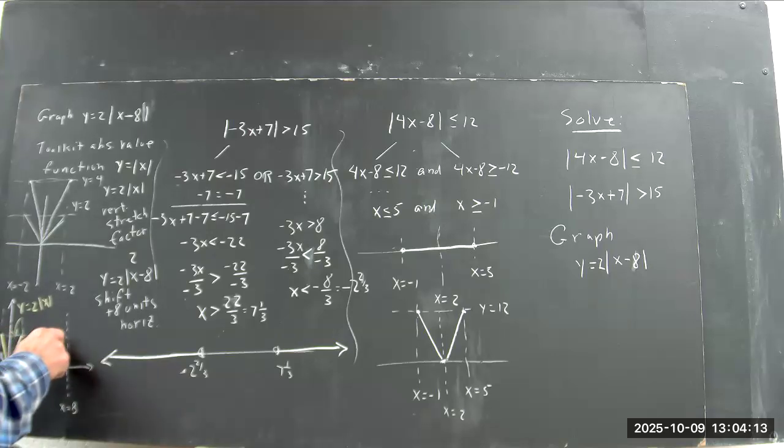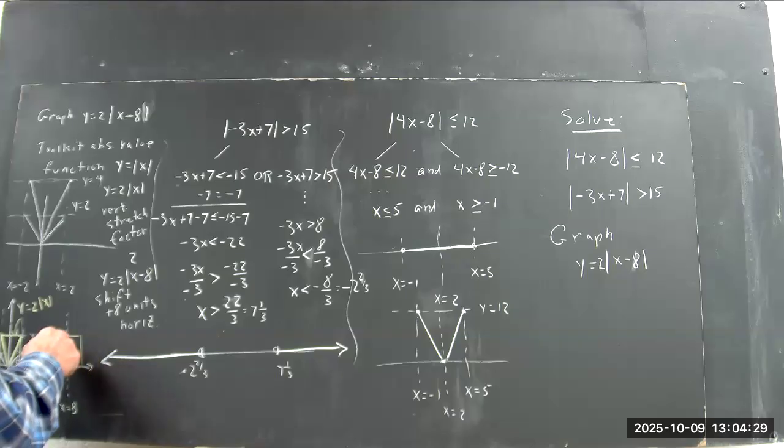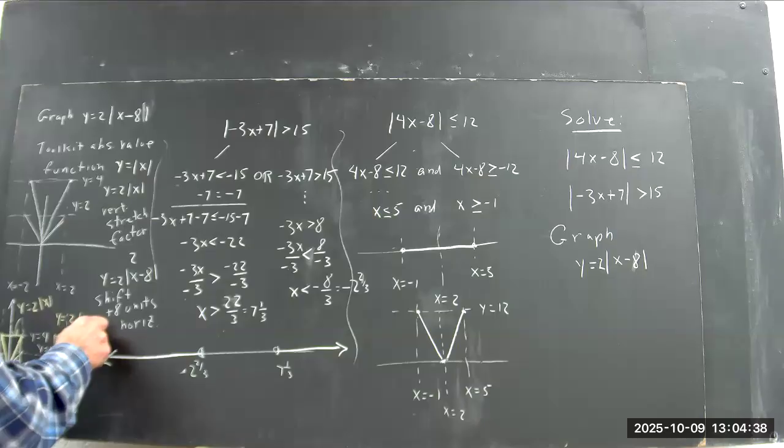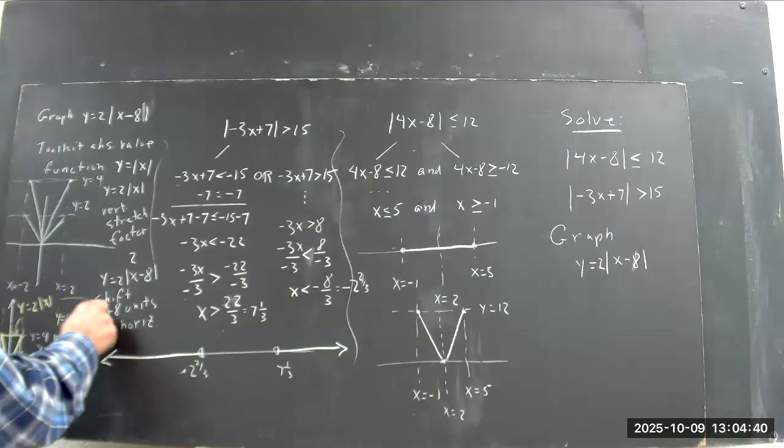We draw our, put this in a box. We draw the same box over here. And right here is the graph of y equals 2 times the absolute value of x minus 8.